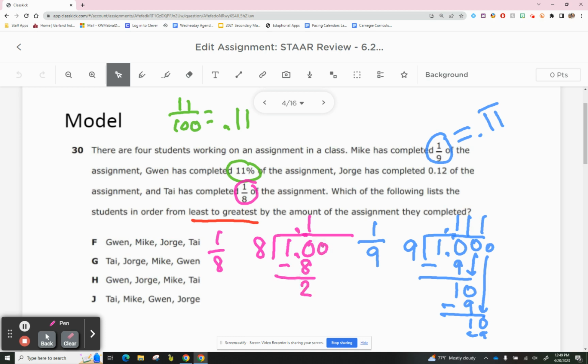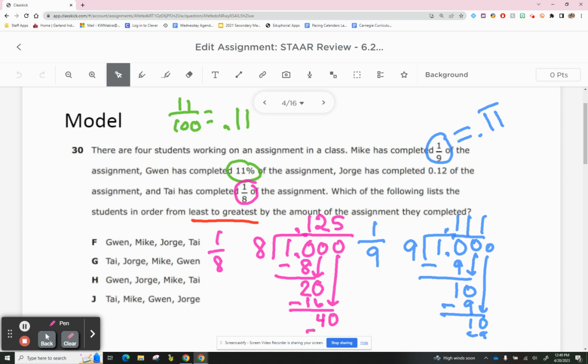We're going to add our 0 and bring it down. 8 goes into 20 2 times. 2 times 8 is 16. And now we're going to bring down our 0, and I'm going to go ahead and bring it down because this is what we call a terminating decimal. It is going to stop.